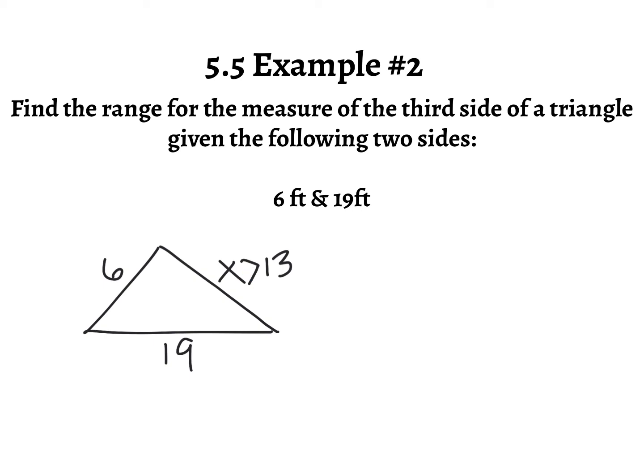Yes, adding them would be bigger than 19, but what happens at the point where this is no longer the larger side? What happens if I get to, like, say, 50? 6 plus 50 is greater than 19, but is 6 plus 19 greater than 50? And that's where the problem happens. 25 is not greater than 50, so this triangle would now become not a triangle.